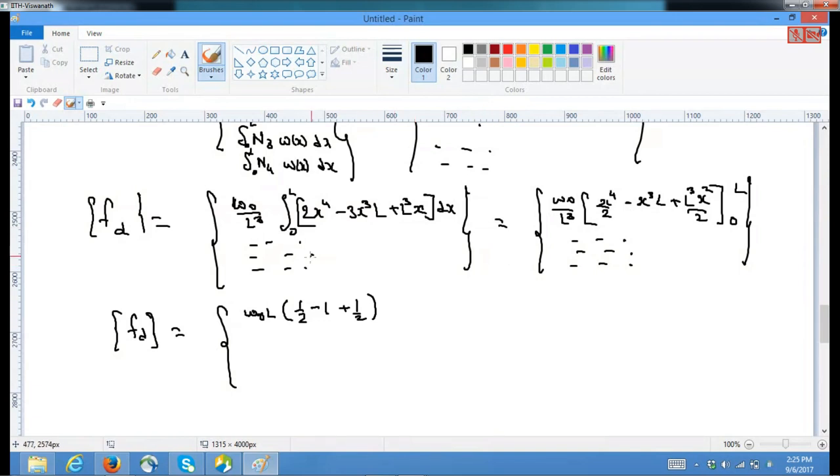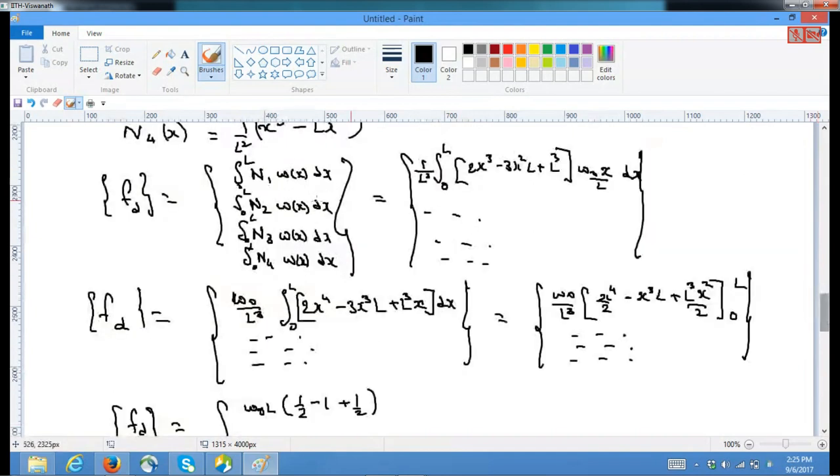Similarly, you can do the second one. Anyway, this turned out to be 0. I took the wrong one, so let's do it for the second one.